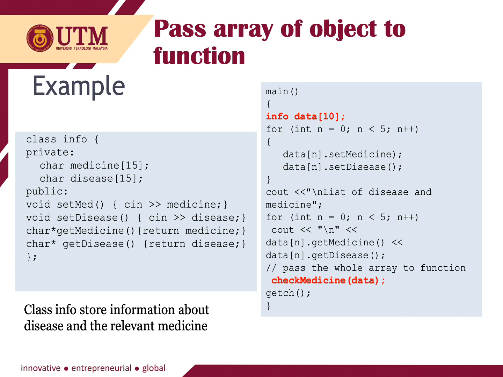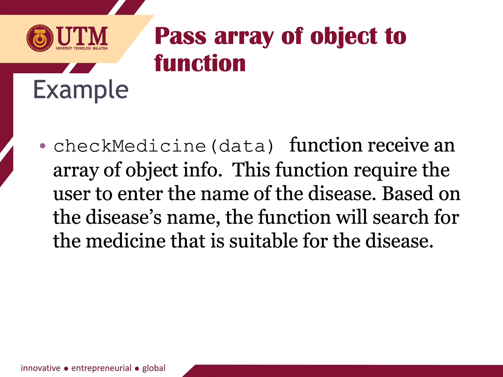Okay, this means that we set the medicine and disease of that patient, right? So we are trying to pass the array of data here into the function called check medicine. We store the information into the data array, and we pass the array to the check medicine function.